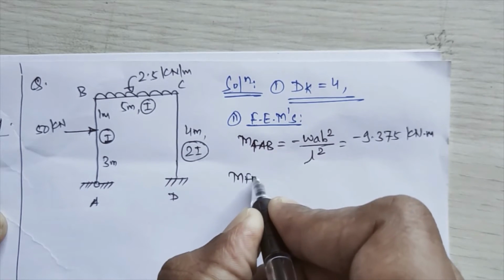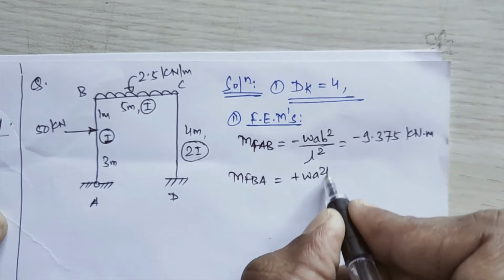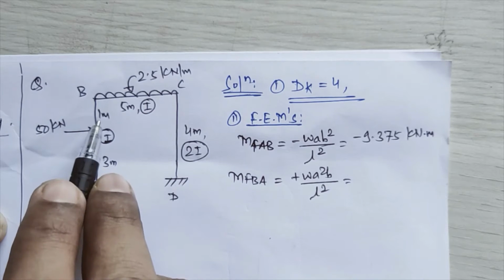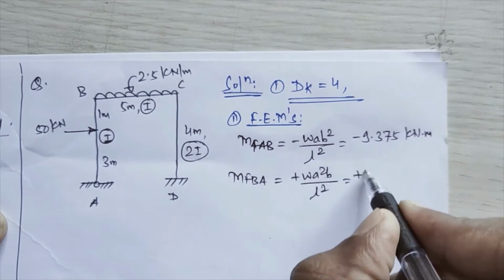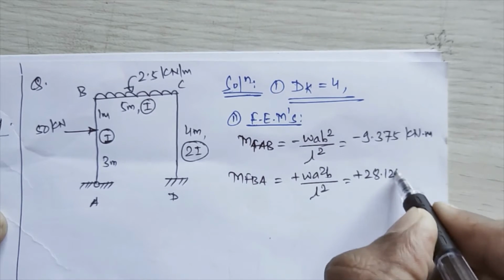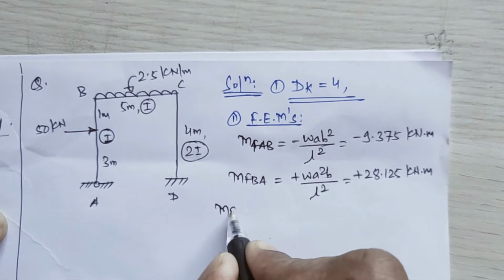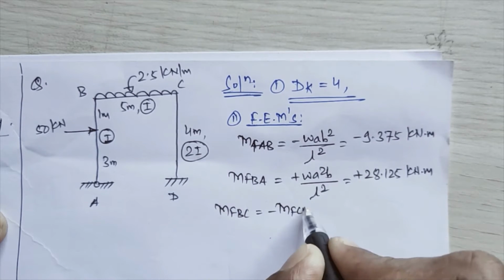Next, MFBA. In MFBA, you will get plus W a square b divided by L square. So W is 50, a is 3, b is 1, divided by L, which is 4. If you substitute, you get 28.125 kilonewton meter.